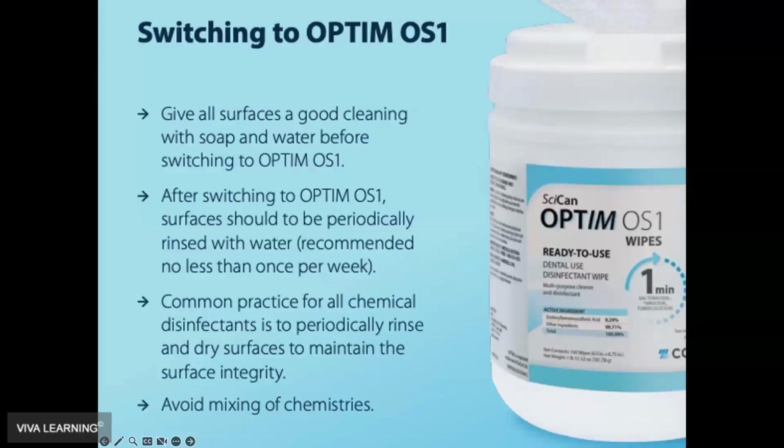And then finally, we know never to mix chemistries of various products. So in other words, if you're using Optima OS 1, use that exclusively. If you're using a different product, use that product exclusively, and don't mix these chemicals together. Bad reactions can occur, and of course, it could be dangerous.